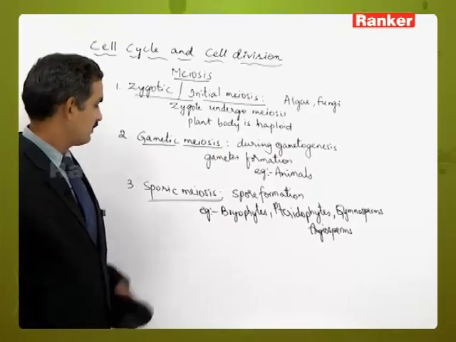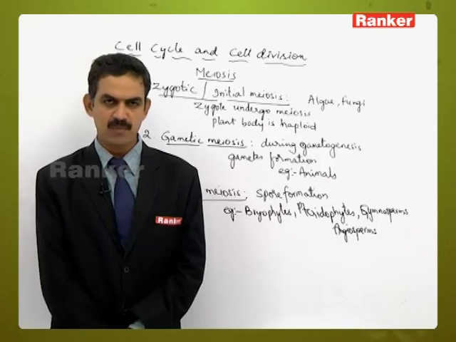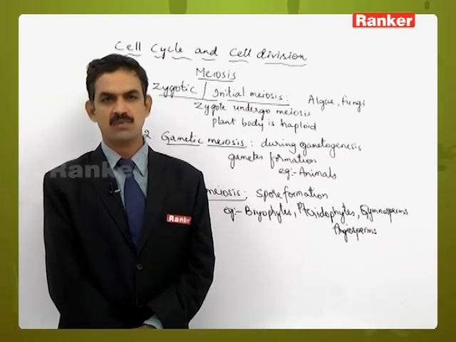So likewise, three types of meiosis are present based on the stage at which meiosis takes place in the life cycle of the organisms.